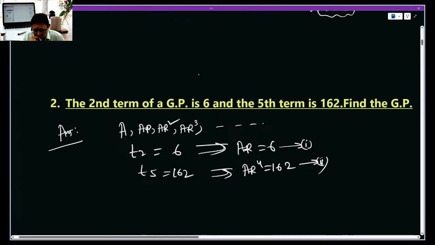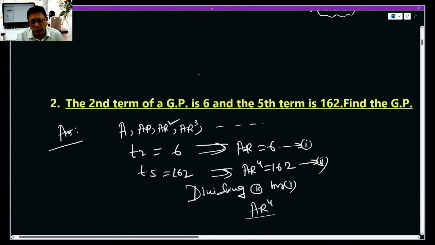How to? Because when you divide 2 by 1, dividing 2 by 1, what do you get? AR to the power 4 by AR equal to 162 by 6. Isn't it? This is 162 by 6. This is nothing but 27.